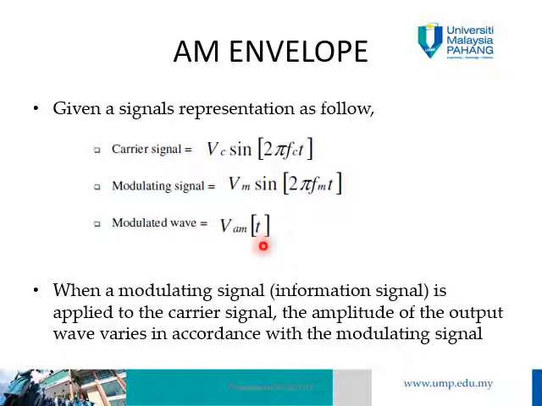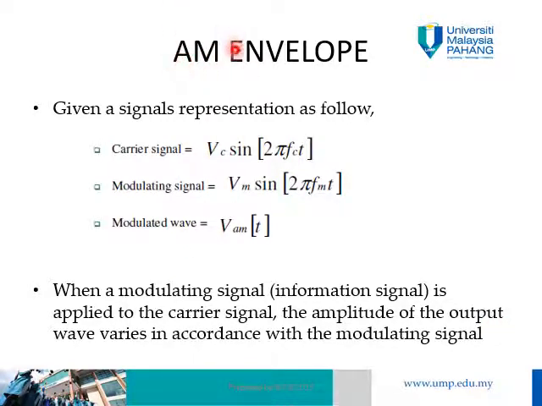T is time. When a modulating signal or information signal, Vm sine 2 pi fm t, is applied to the carrier signal Vc sine 2 pi fc t, the amplitude of the output wave varies.